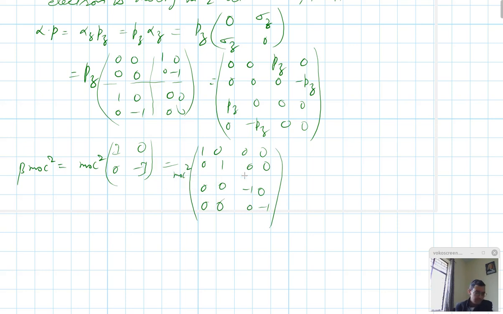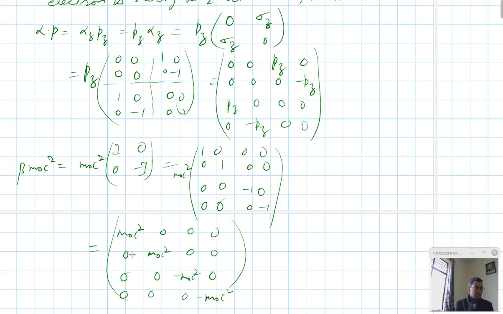It can then be written as m naught c square, m naught c square, minus m naught c square, minus m naught c square on the diagonal. I can write it in this way, right?